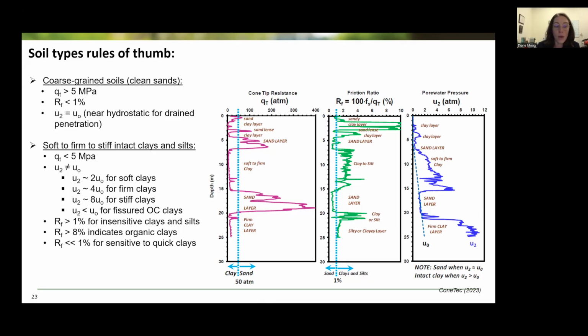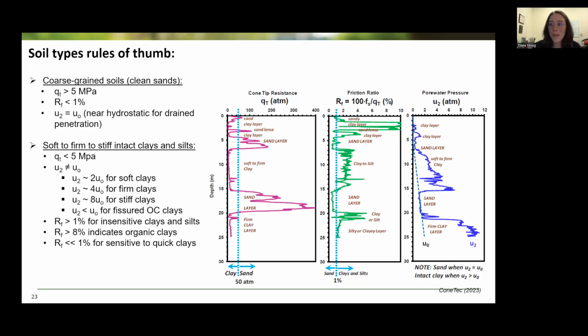If you have organic clays, the friction ratio is high, about 8%. But if you have sensitive clays or quick clays, an indication of that is a very, very low sleeve friction, much less than 1%, because by the time the soil has moved around the cone up to the sleeve, it's gone through quite a bit of shearing and lost the strength, reflecting its sensitive clay nature.